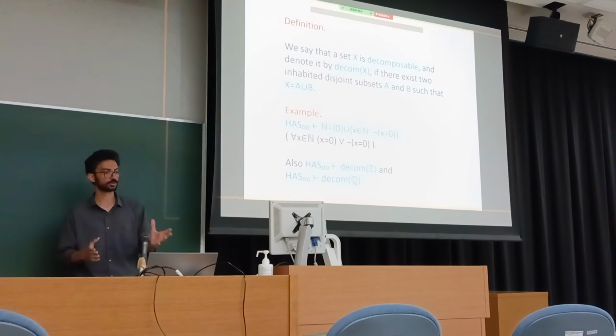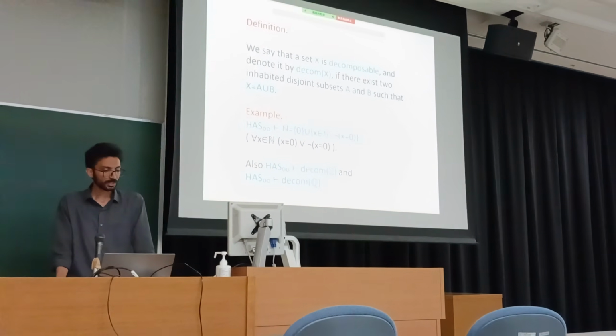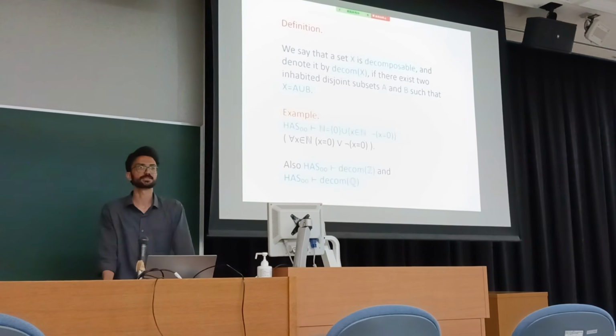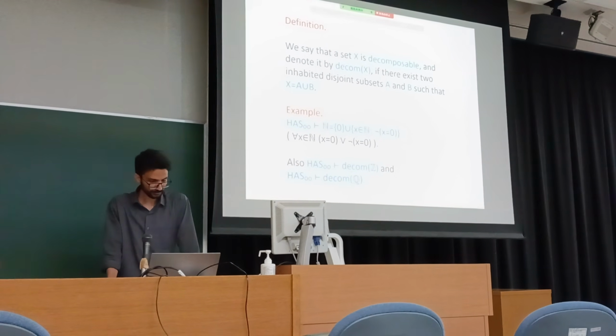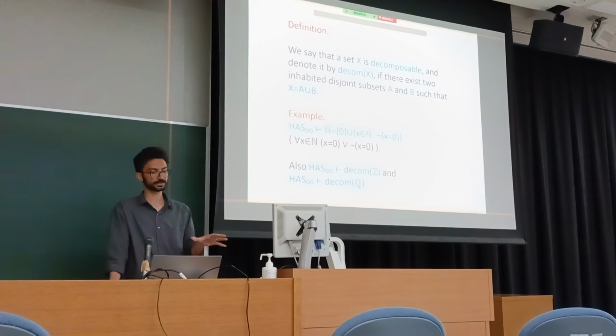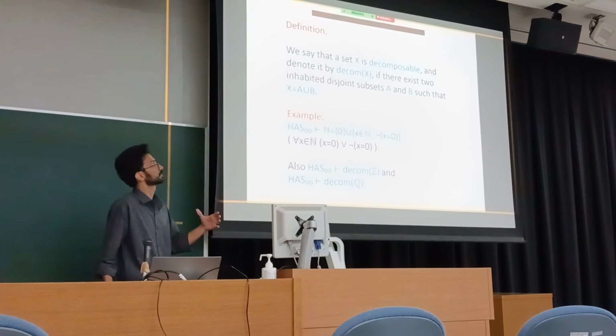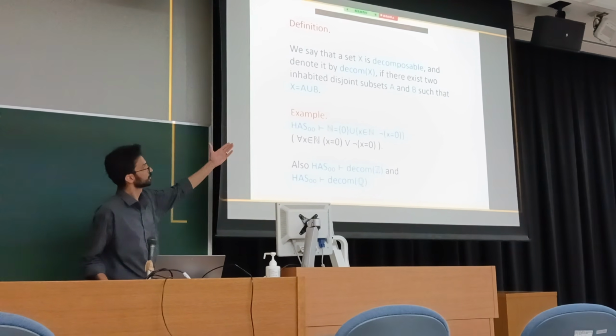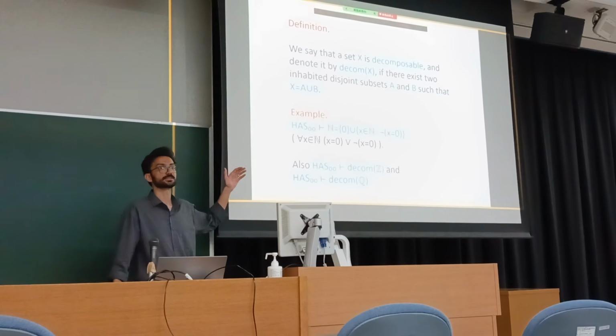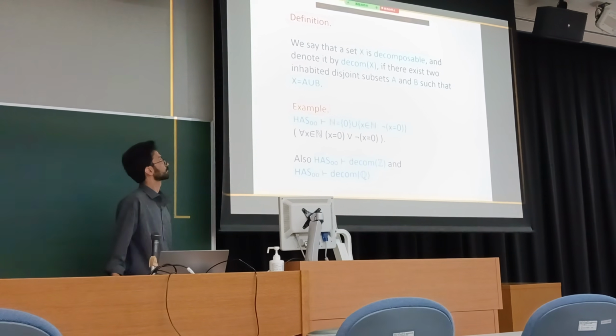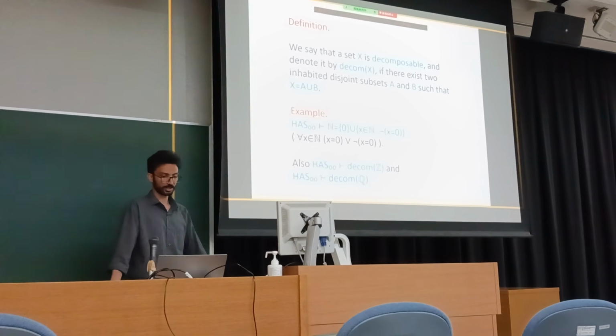Okay, we need to define the notion of decomposability. We say that a set X is decomposable, denoted by decom(X), if there exist two inhabited disjoint subsets of X, namely A and B, such that X is A union B. There are some concrete examples.